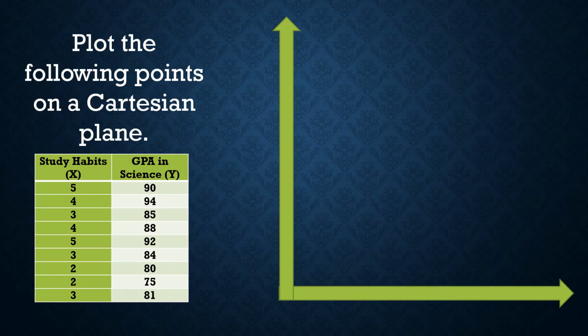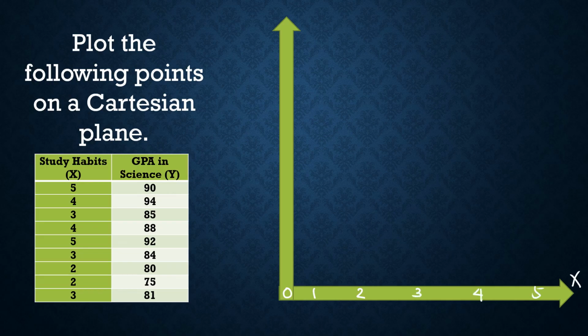Let's now plot the points on a Cartesian plane. This deals with the relationship between study habits and grade point average in science of grade 9 students. Let's first plot the study habits. It involves 0 to 5. So for the x values, we have 0, 1, 2, 3, 4, and then 5.